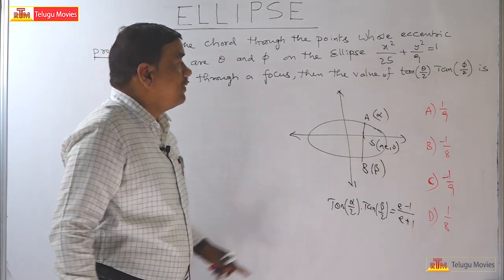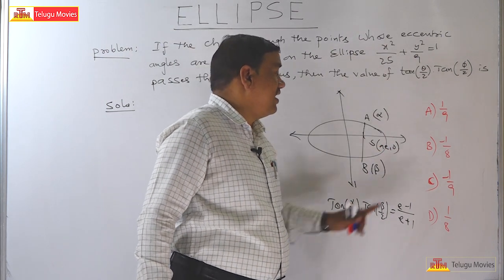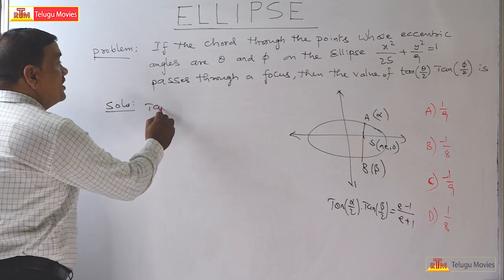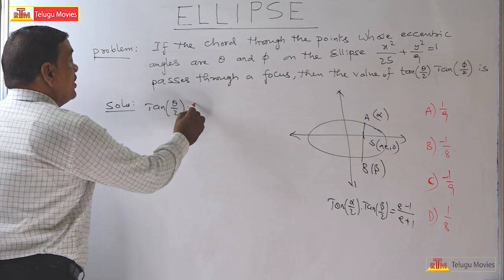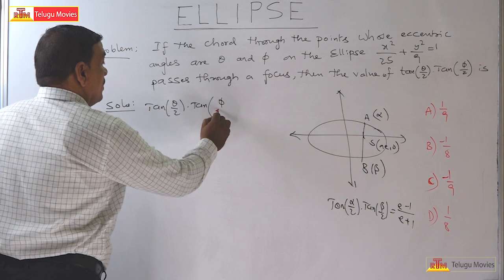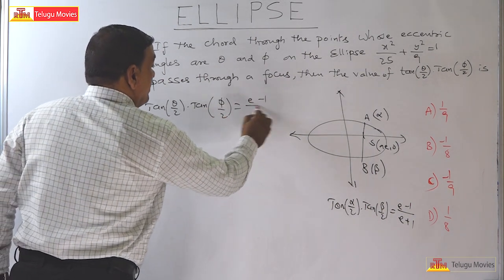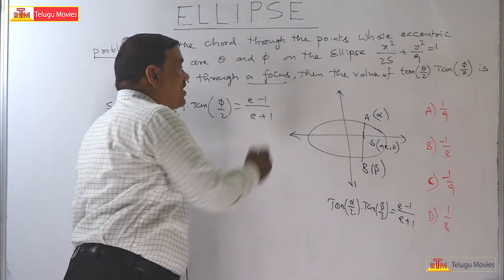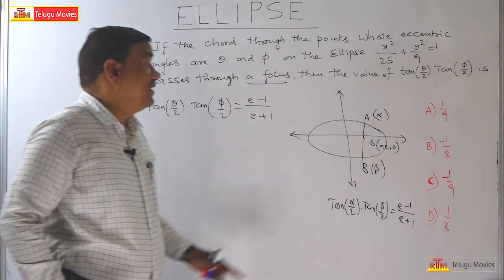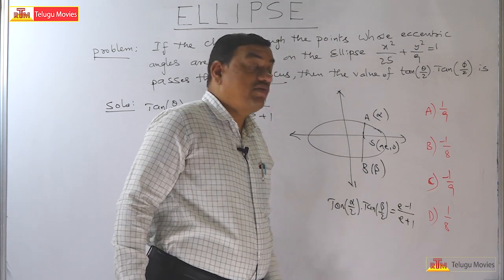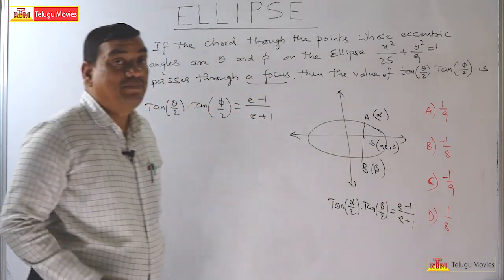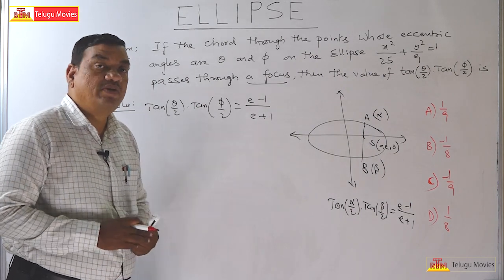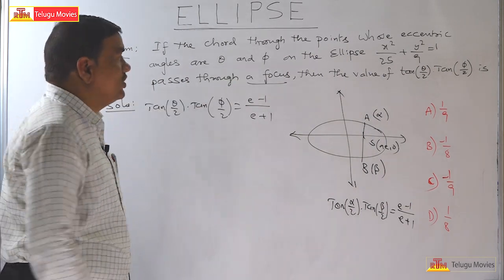So, here in place of alpha it is given theta, in place of beta it is given phi. Therefore, our result should be tan theta by 2 into tan phi by 2 is equal to E minus 1 by E plus 1. He is saying that the chord passes through one focus, let the focus be AE comma 0. Therefore, our result is E minus 1 by E plus 1. So, if you find the eccentricity E, the problem is over. Now, what is the eccentricity of the ellipse?